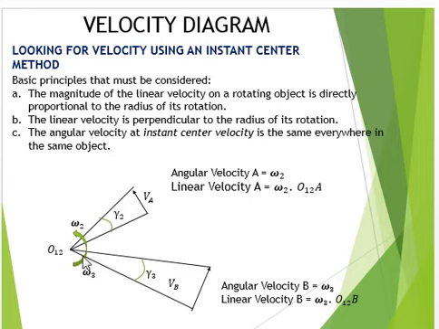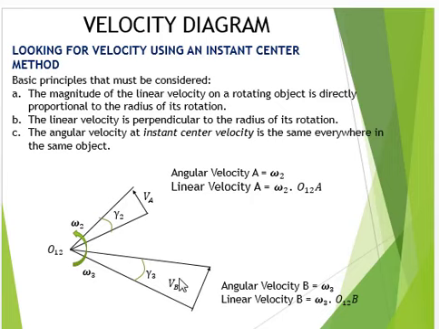If we have the instant center O1,2, then the angular velocity for point A and B will be the same, because they are on the same object, which is from instant center O1,2.